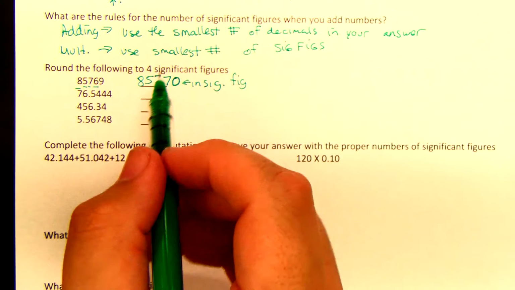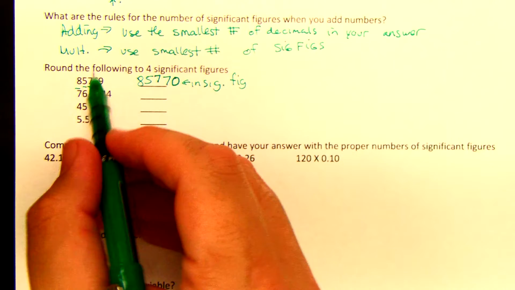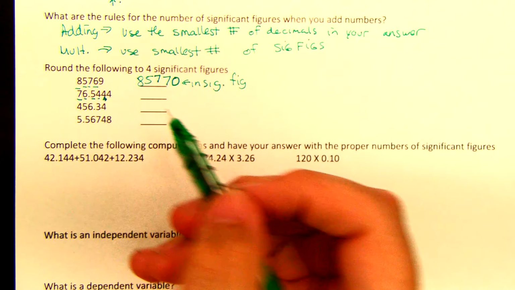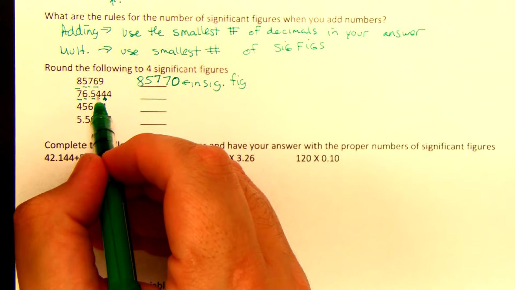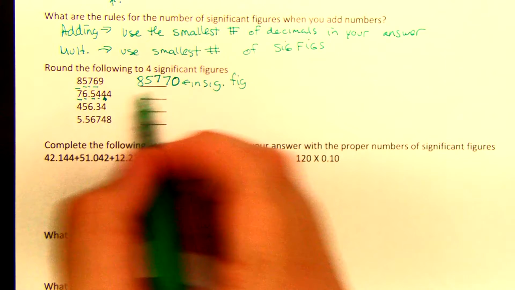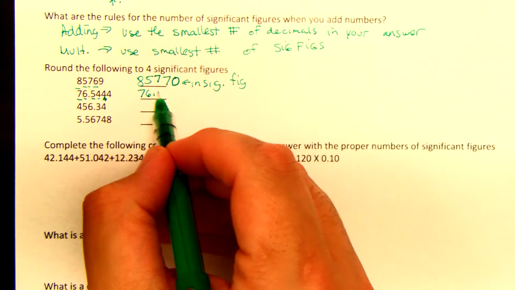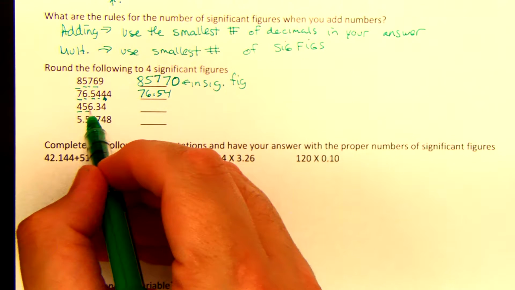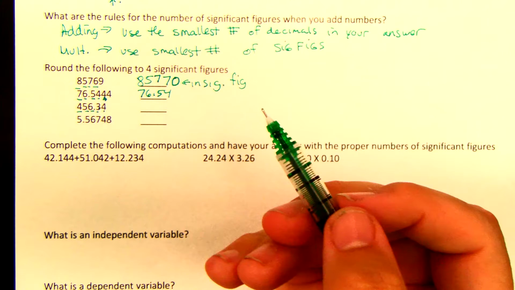Now, the rest of them are pretty straightforward. 1, 2, 3, 4. This 4 is going to make me round. So that 4 is going to round this 4 to what? Keep it at 4, right? So it would be 76.54. Then 4, 5, 6, 3, those are the 4. That 4 is going to round this 3 to what? To 3.